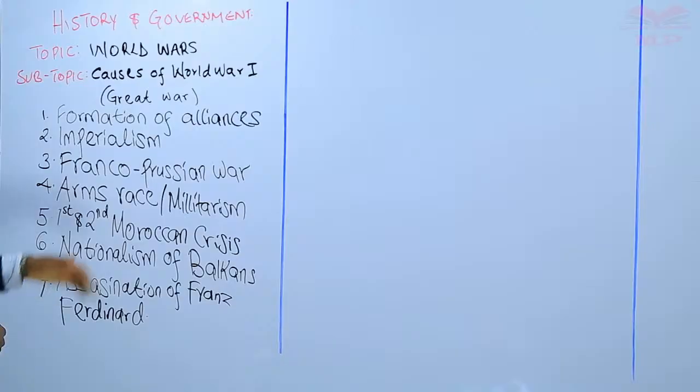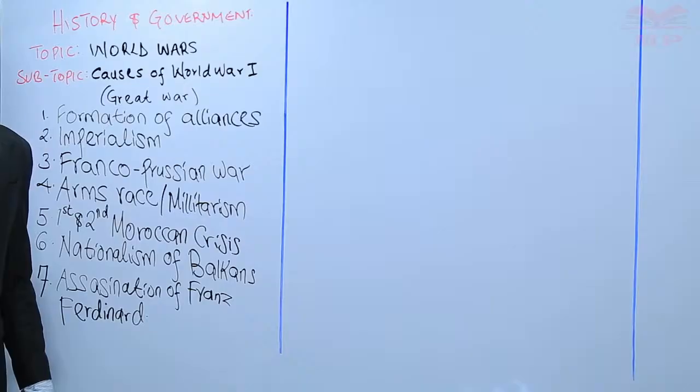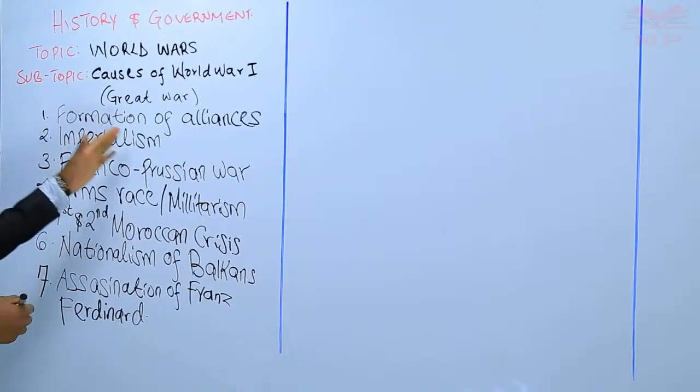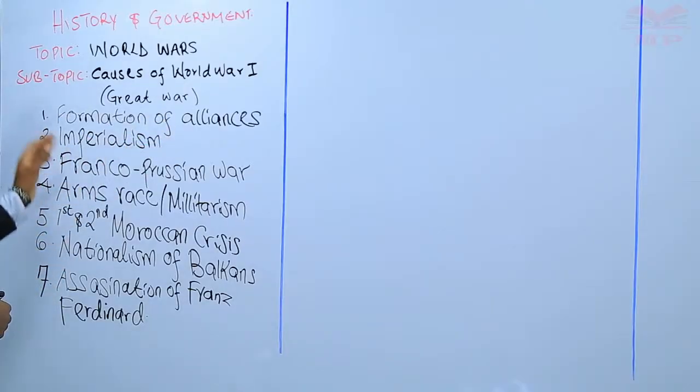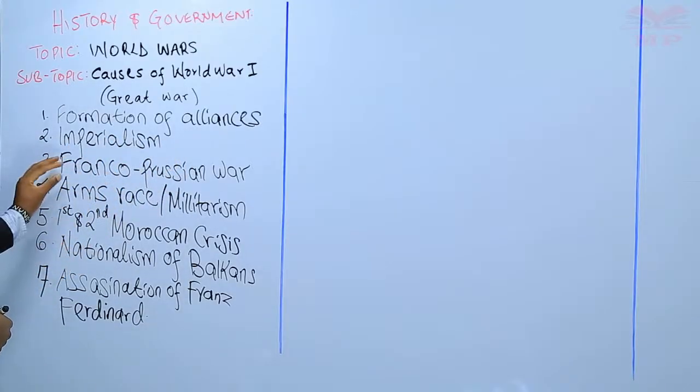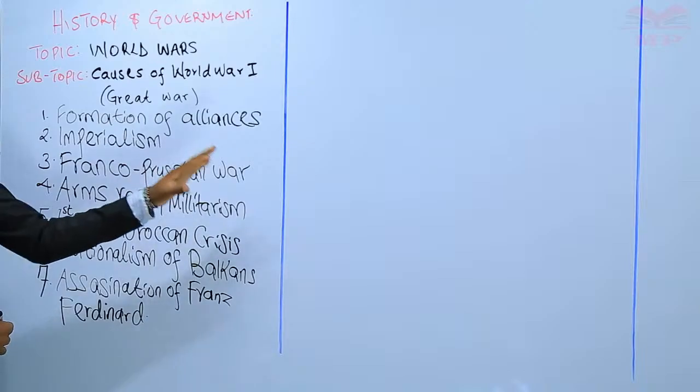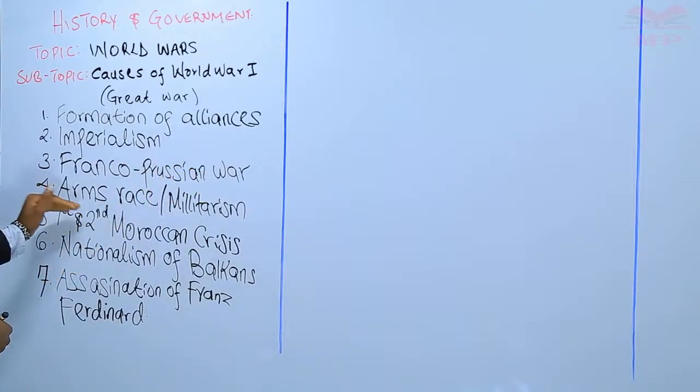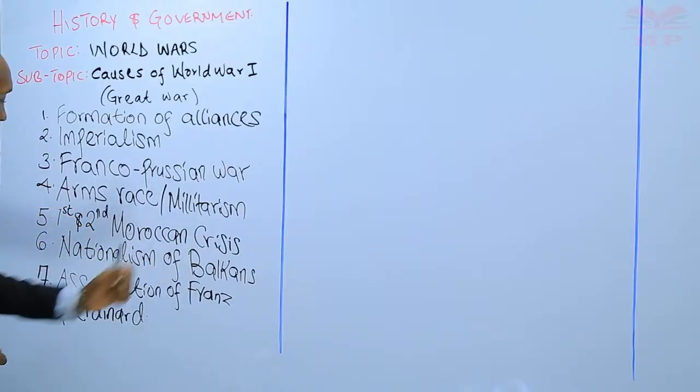I've said number one, it was formation of alliances, or the system of alliances. And then number two, imperialism. We are going to explain what that is. And then number three, Franco-Prussian War. And then number four, we have arms race. Number five, we have first and second Moroccan crisis.